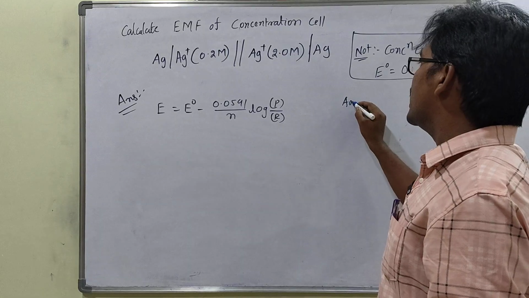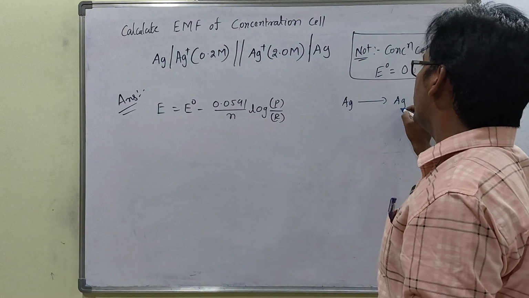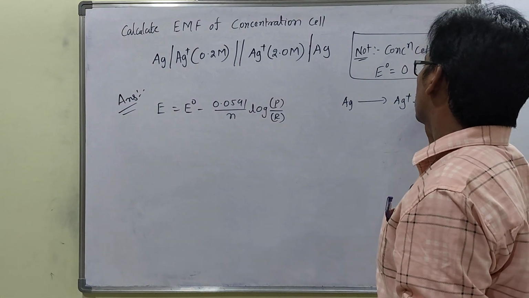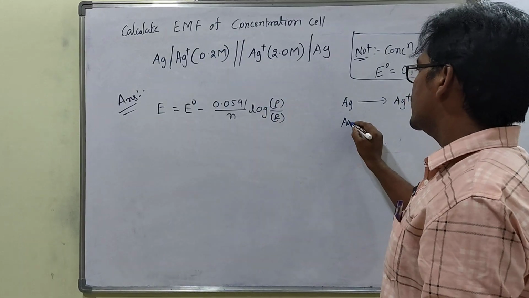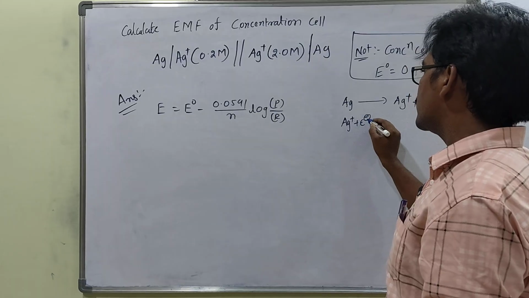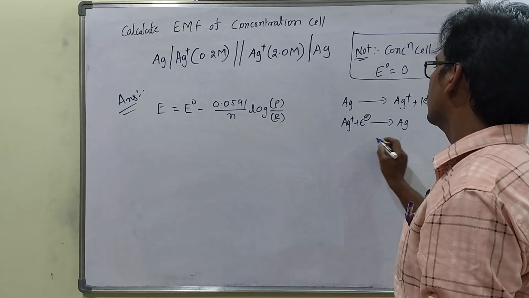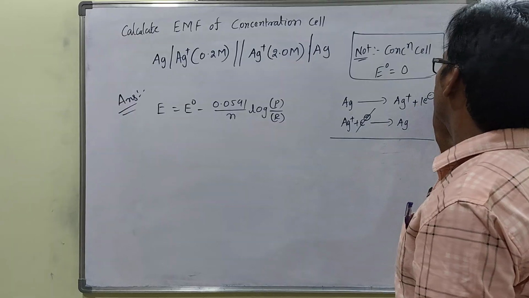So Zn can be converted into Zn²⁺ plus 2 electrons, then the reduction takes place, Zn²⁺ plus 2 electrons gives Zn. Now the electrons cancel.